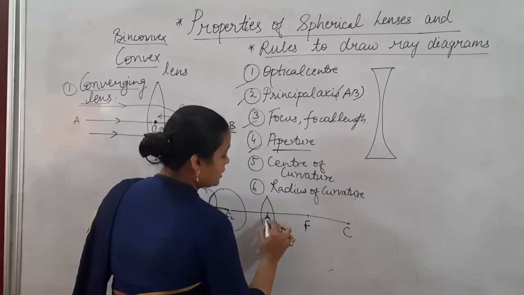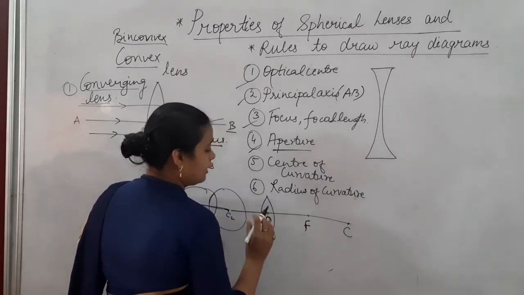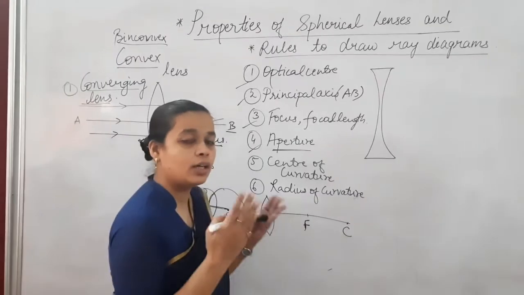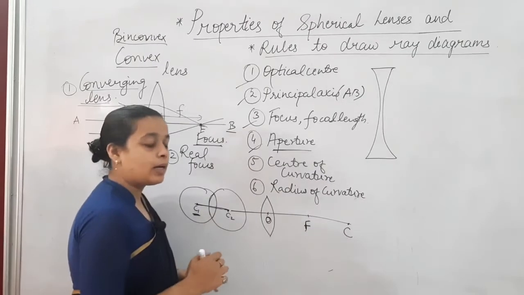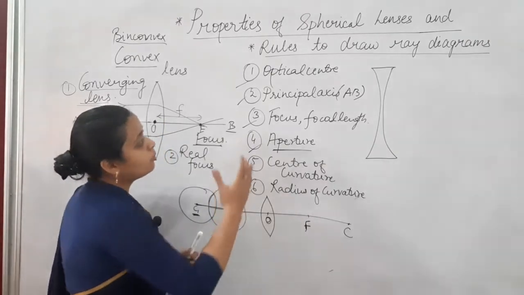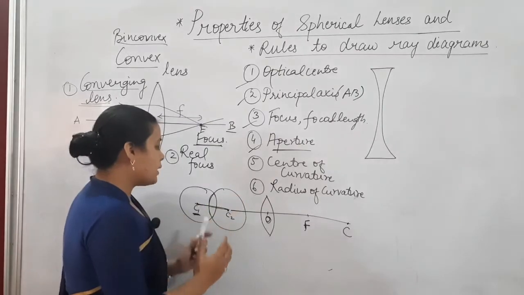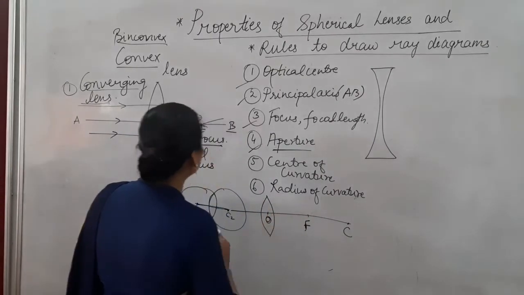So the distance between the optical center and the center of that sphere, of which the lens has been taken as a part, or from which sphere we have just cut out the one spherical surface, that is said to be the center of curvature.